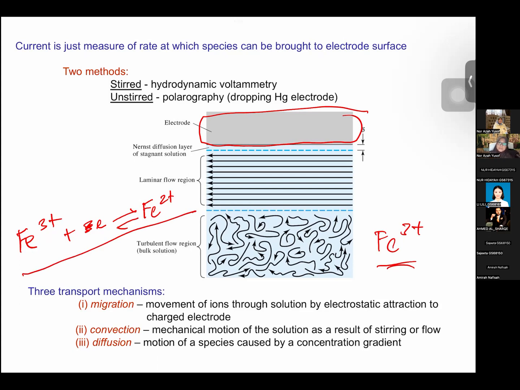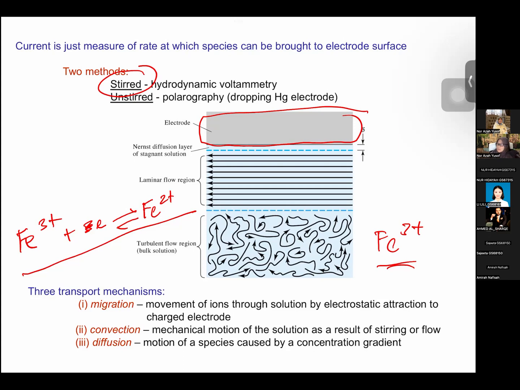So that's why there are certain modification, or measures or action that can be taken. One is, of course, we can do the stirring, to make sure that the ferrum 3 plus becomes closer to the electrode surface.